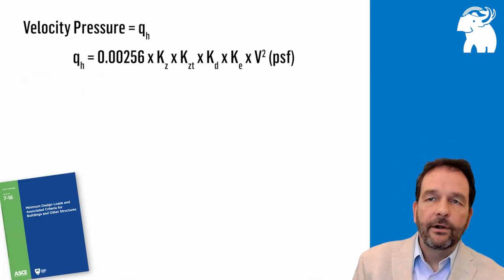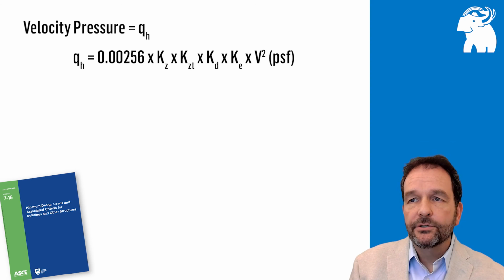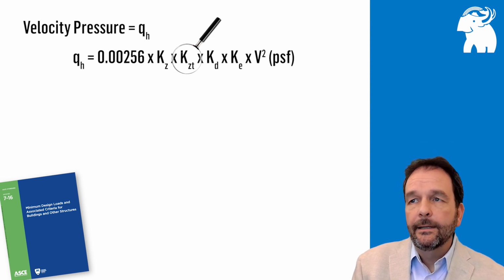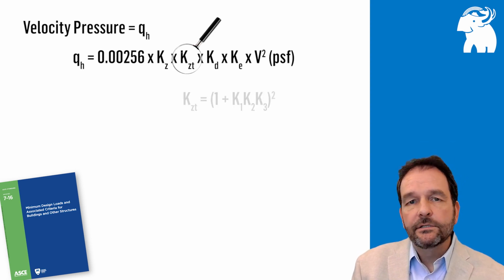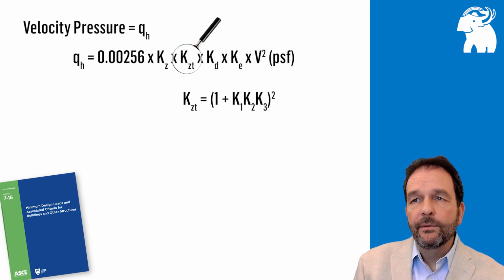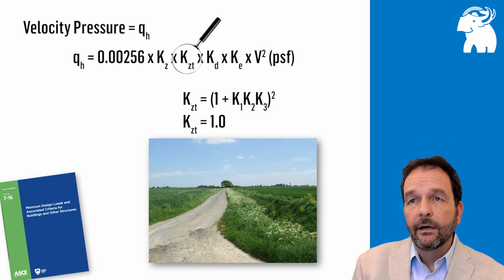The next variable in our equation for velocity pressure is K sub zt, and K sub zt is a topographic factor. It's usually going to be 1.0 for uniform open terrain or just uniform terrain.